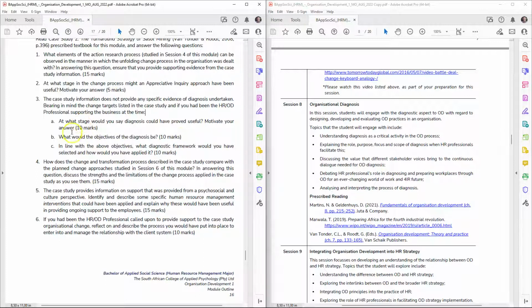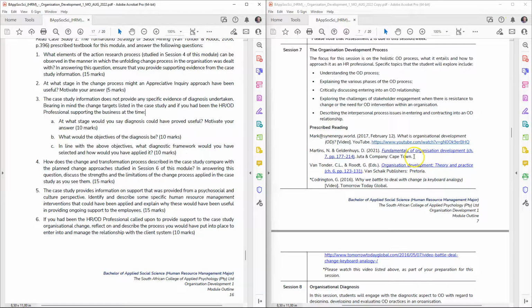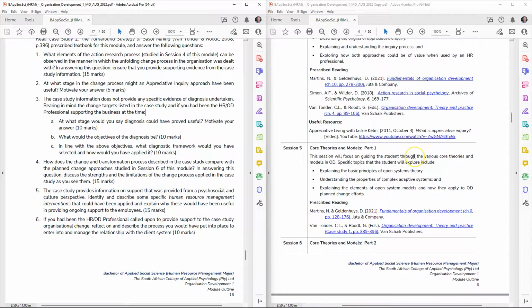You need to be able to demonstrate your understanding very well here. So the diagnostic framework, I think we dealt with that in, let me just make sure, was it session 5? Yeah.